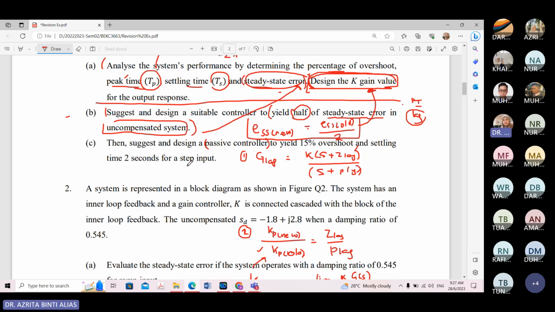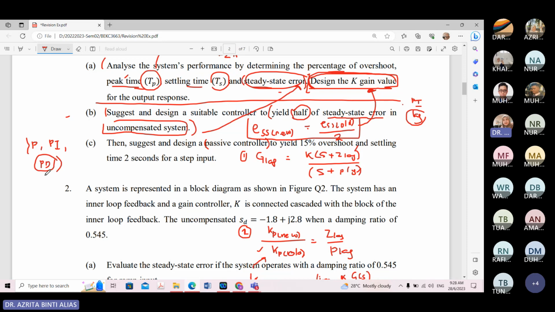Controller apa? Kita nak pilih ni. PI. PD. PI. P. P. PI. Awak ni lagi apa? PD. PD. Ni yang sesuai. Is it this is a suitable controller? Suitable PD kot.